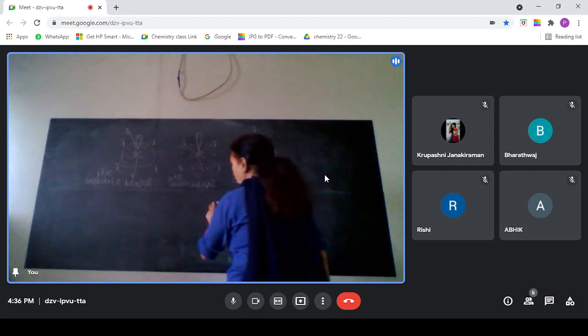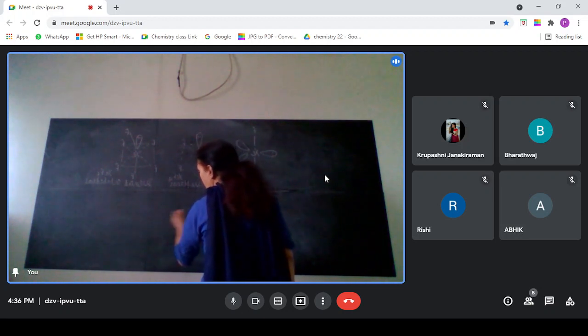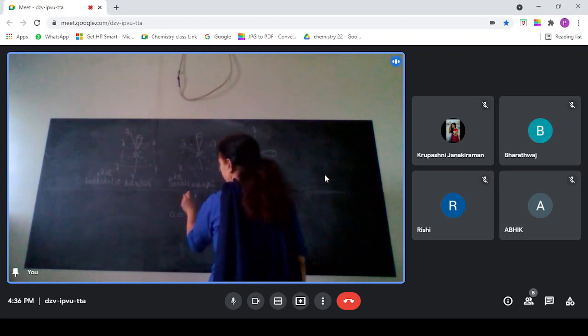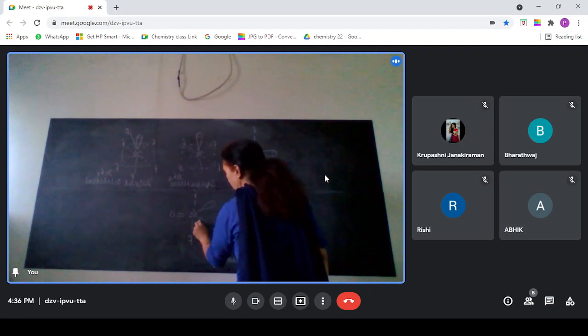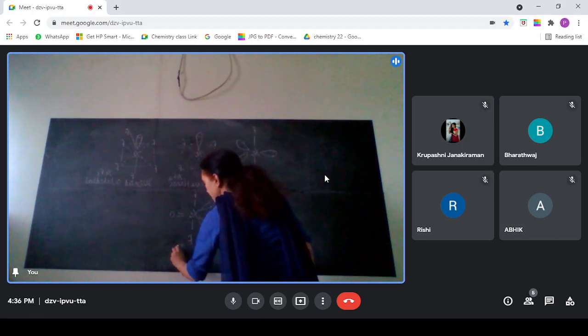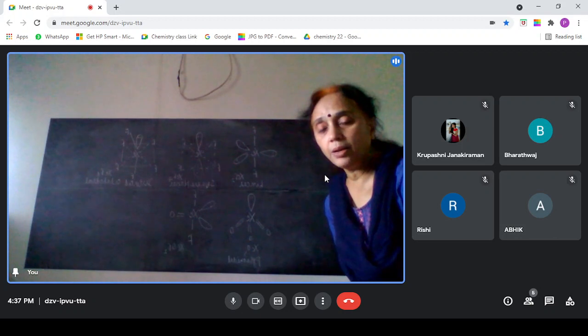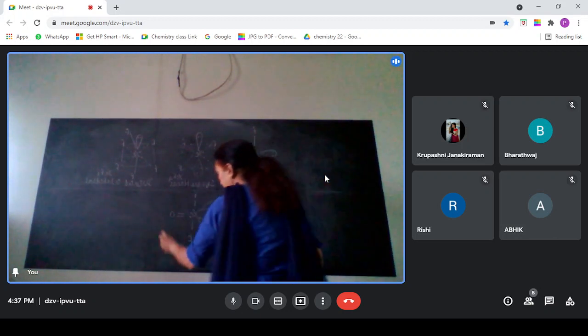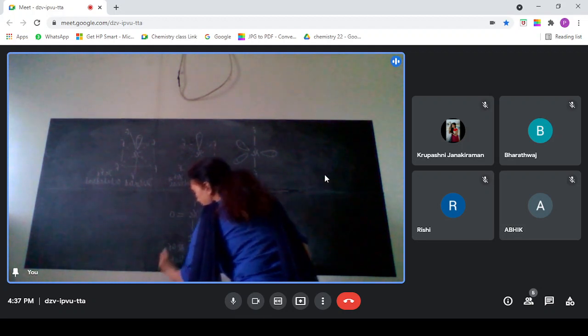Now XeOF2. Very interesting structure actually. Xe, double bond O, F, F. So 2 lone pairs of electrons like this. This is XeOF2. I expect trigonal bipyramidal, but it is T-shaped, because of the lone pairs of electrons.